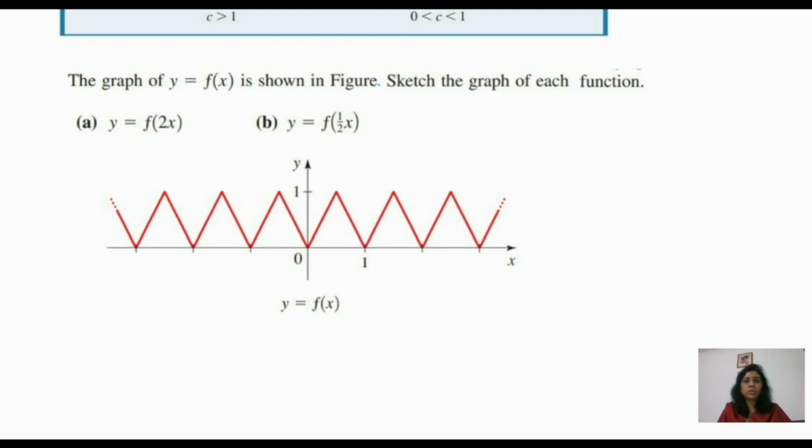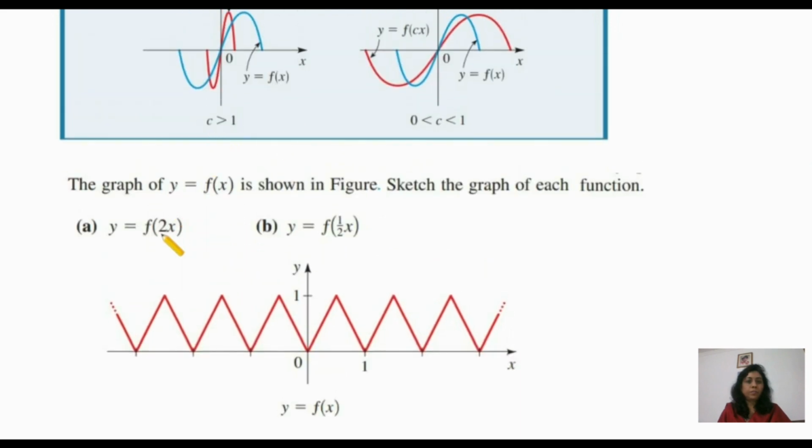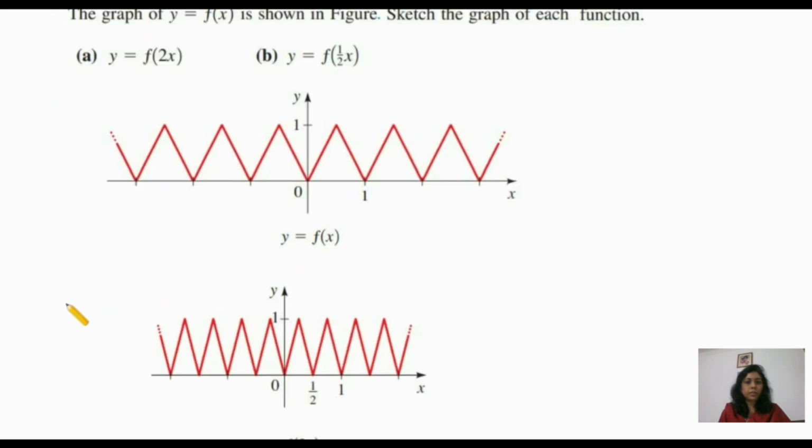So can you see this here? The c value is 2, which is more than 1, so the graph shrinks. Okay, and here in the b question, the c value is between 0 and 1, this is half, 1 upon 2. Okay, so the graph stretches.